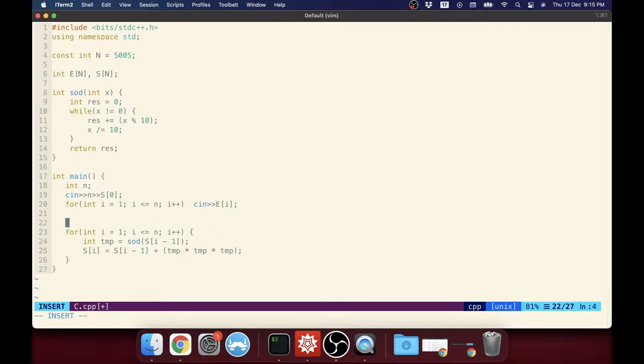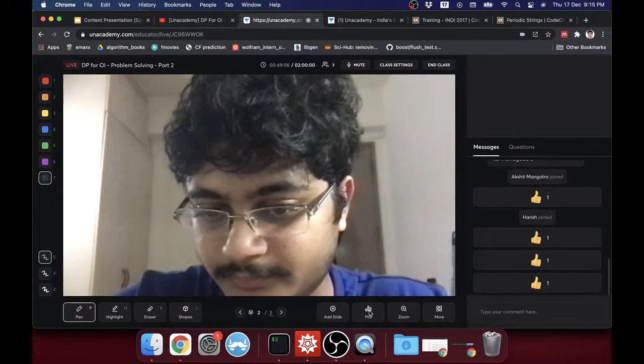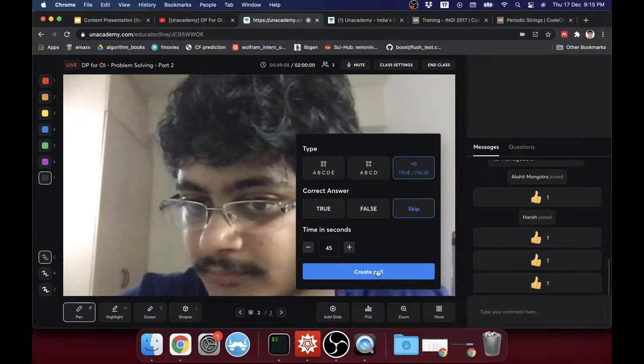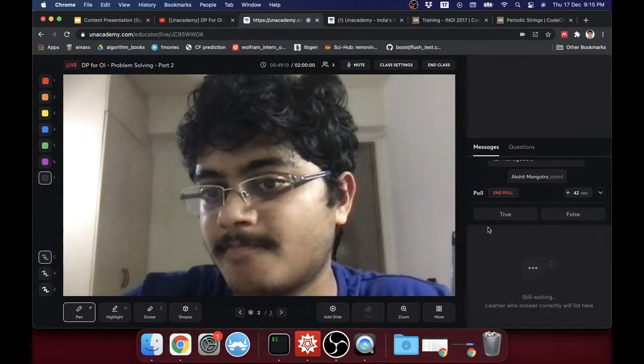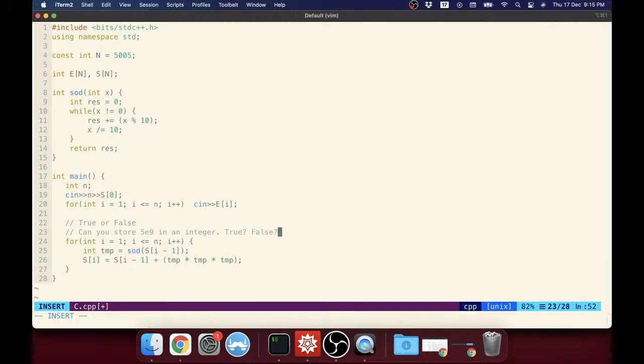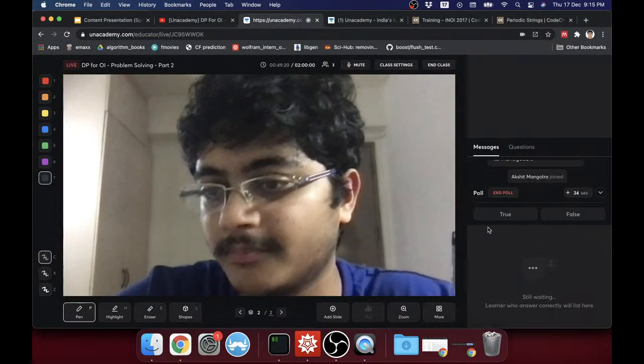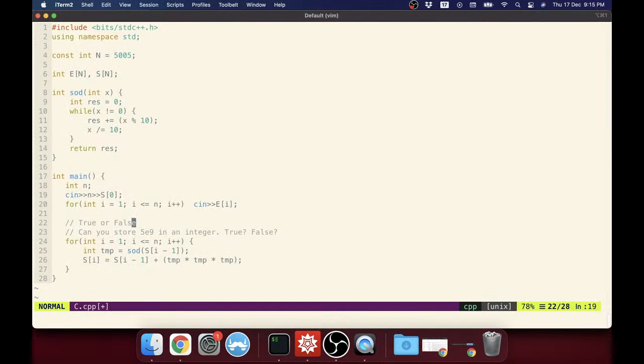So true or false? Can you store 5e9 in an integer? When you're doing questions like these, you should have an idea of the upper bound of an integer, how big the value can be. Any clue? Any ideas?